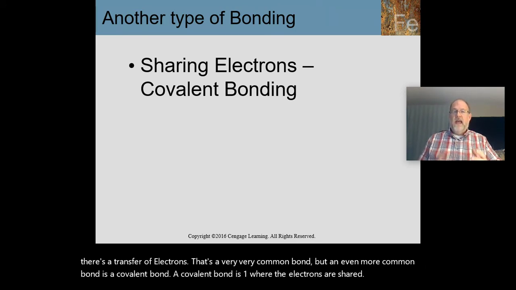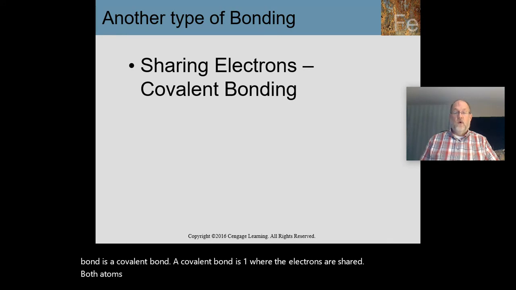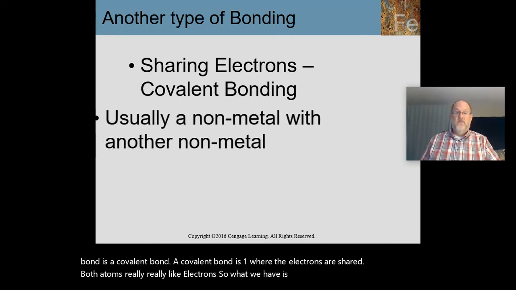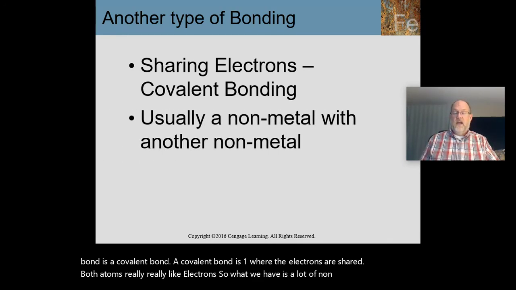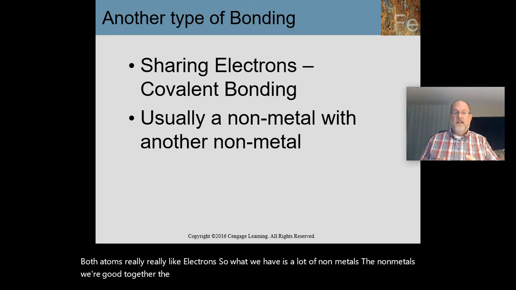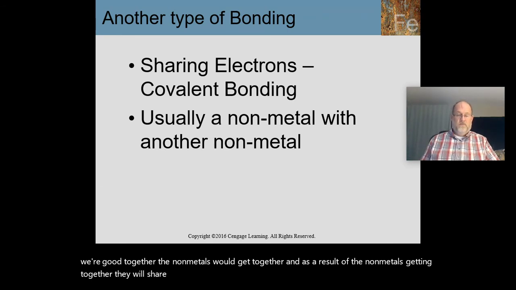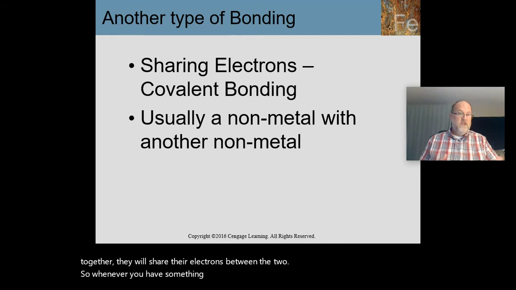Both atoms really, really like electrons. So what we have is a lot of nonmetals. The nonmetals will get together, and as a result, they will share their electrons between the two. So whenever you have something like CO2, C, carbon, is a nonmetal, and O, oxygen, is a nonmetal.